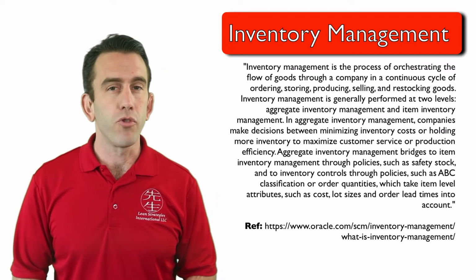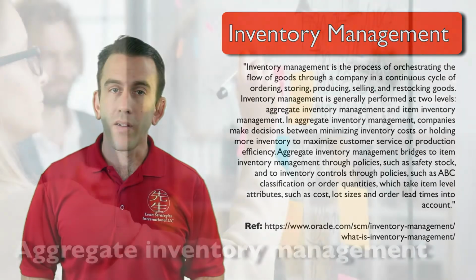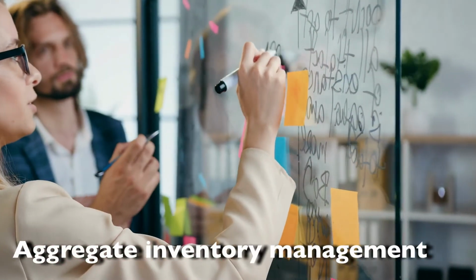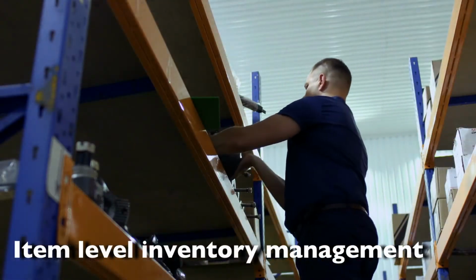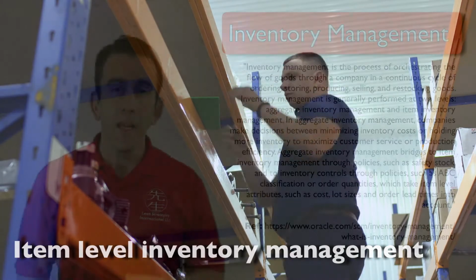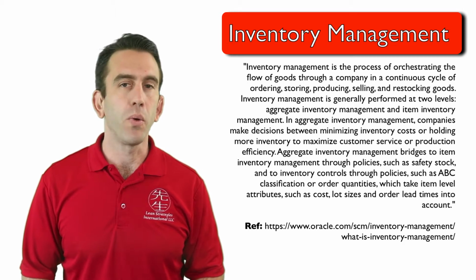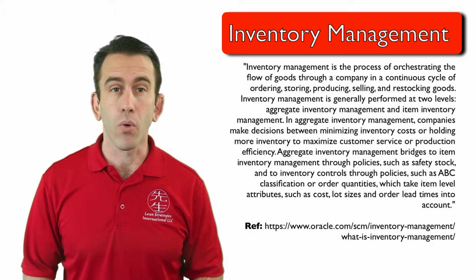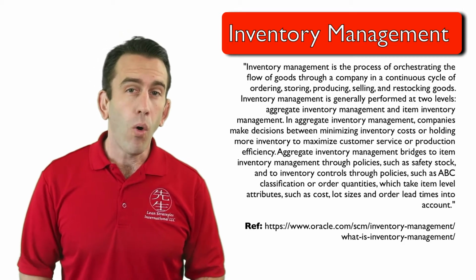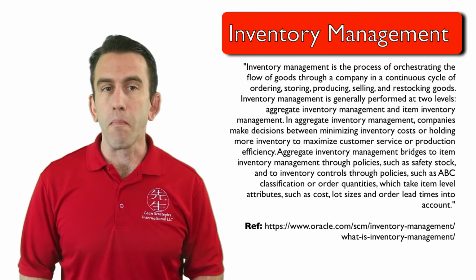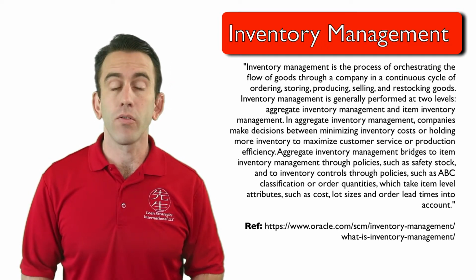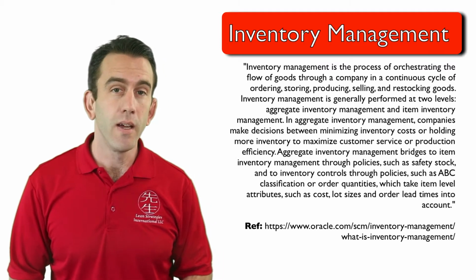Inventory management is generally performed at two levels: aggregate inventory management and item-level inventory management. In aggregate inventory management, companies make decisions between minimizing their inventory costs or holding more inventory to maximize customer service or production efficiency.